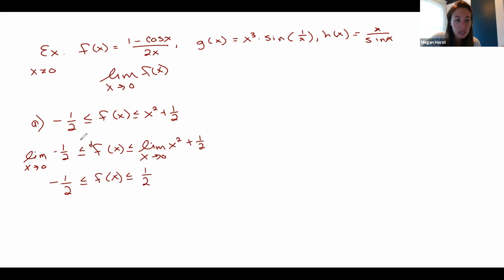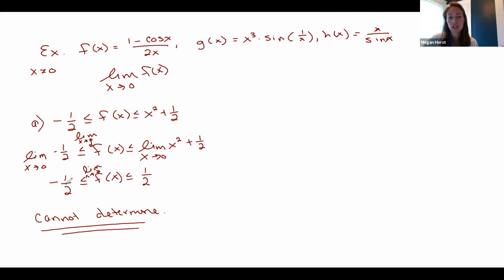I'm sorry, I should put the limit here as well. So the limit as x goes to 0 is somewhere between negative 1/2 and 1/2. So we could not determine. This inequality would not allow us to determine what value f of x is going to hold. So no, this would not be an inequality that would work.